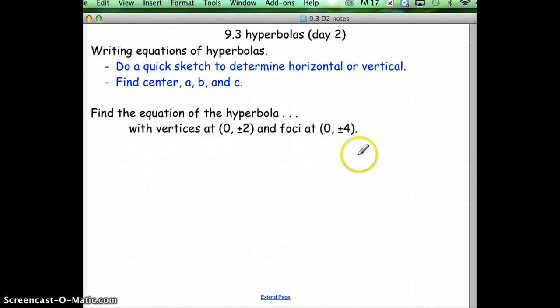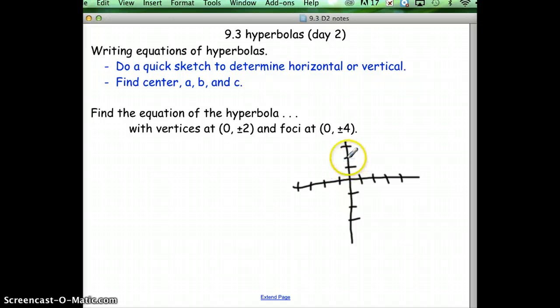So again, I always start with a sketch. On this particular problem, they tell us where the vertices and the foci are. So I know that I have a vertex at (0, 2) and another vertex at (0, -2). And then I have foci at (0, 4) and (0, -4).